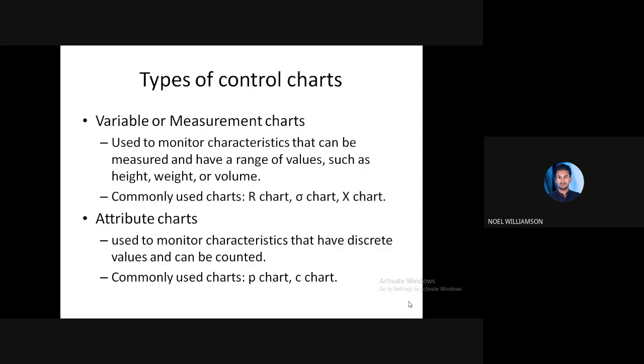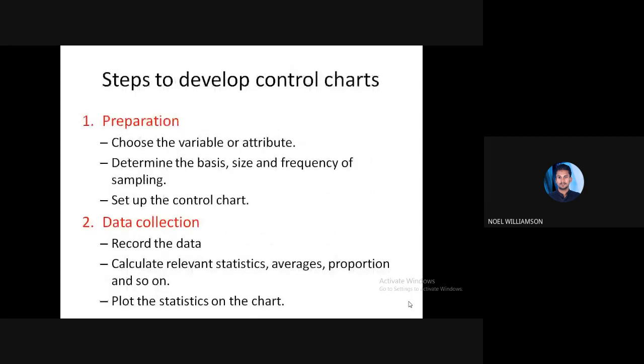Now we will see what are the detailed procedure in preparing the chart, or how to develop a control chart. Developing the control chart is a 5-step procedure. So we will see one by one. First of all, preparation. The first step is preparation.